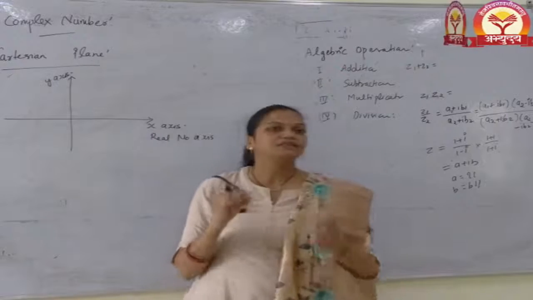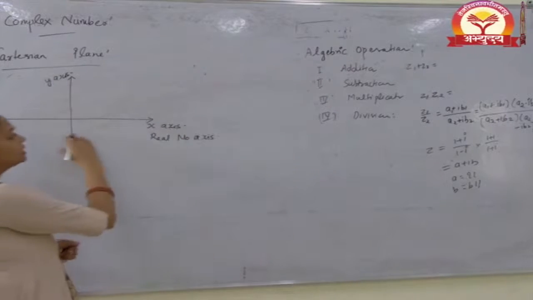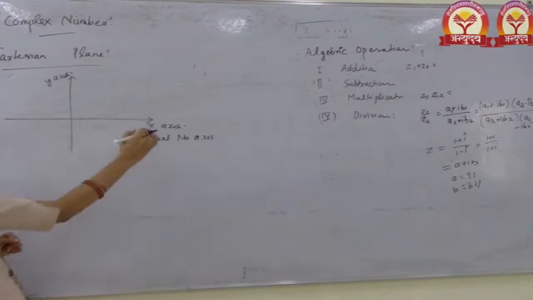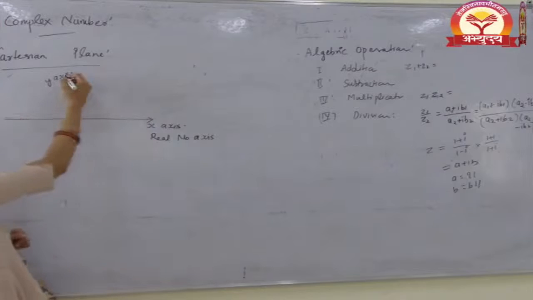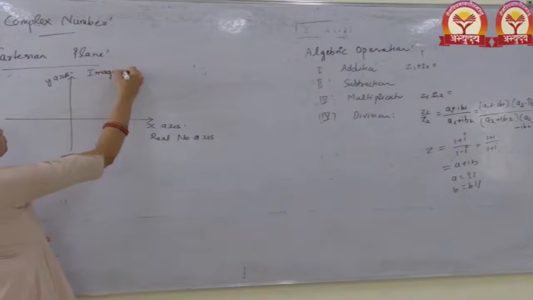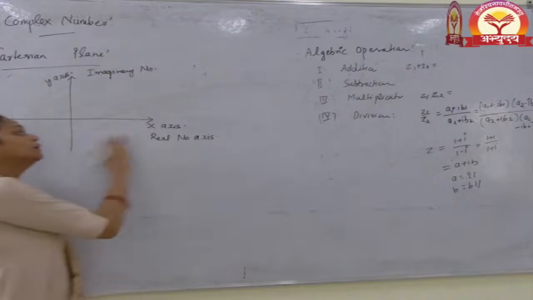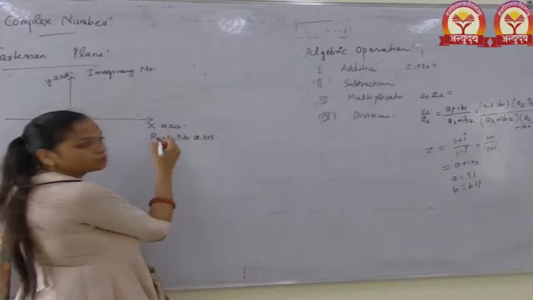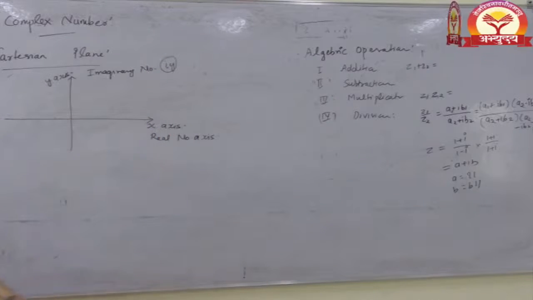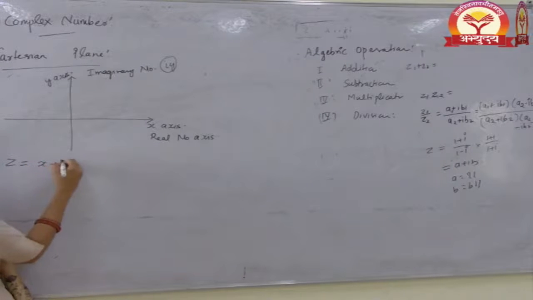But in complex number हम क्या use करते हैं, this x-axis is fixed for the real number system, real number axis, and the y-axis is representing the imaginary number. That means horizontally you use x and vertically you use iy.